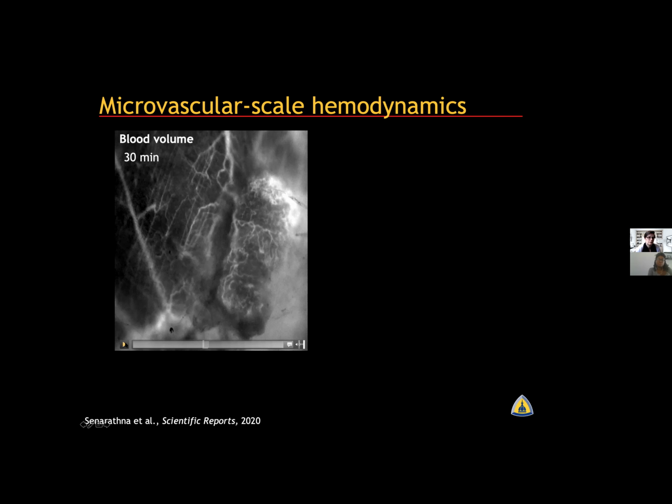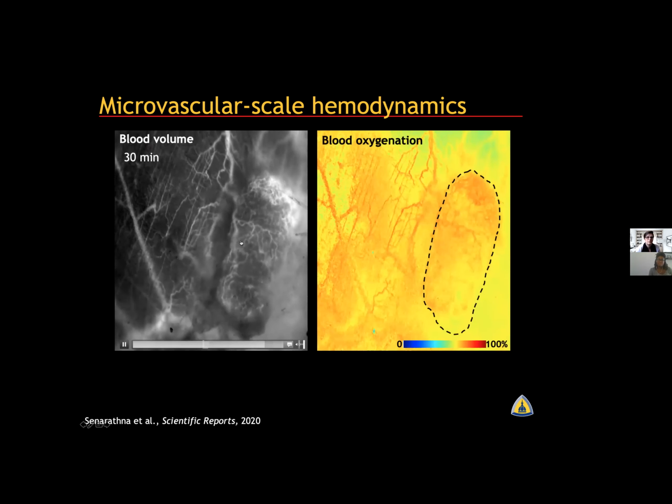And you'll see, let me see if I can run this. Yes, you can actually see how the blood flow, the blood volume, sorry, in each of these vessels kind of turns on and off. In some large vessels like here, it's very steady. But if you look inside the tumor, you get these little patches of darkness, because in tumors, the blood flow is very poorly regulated and you get very abnormal flow and volume characteristics.